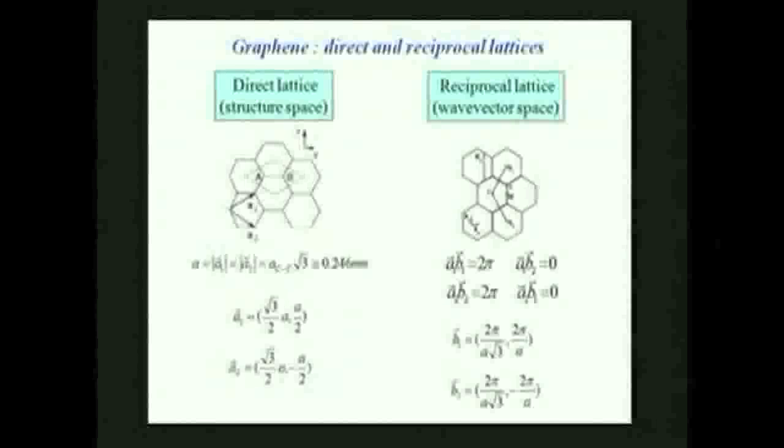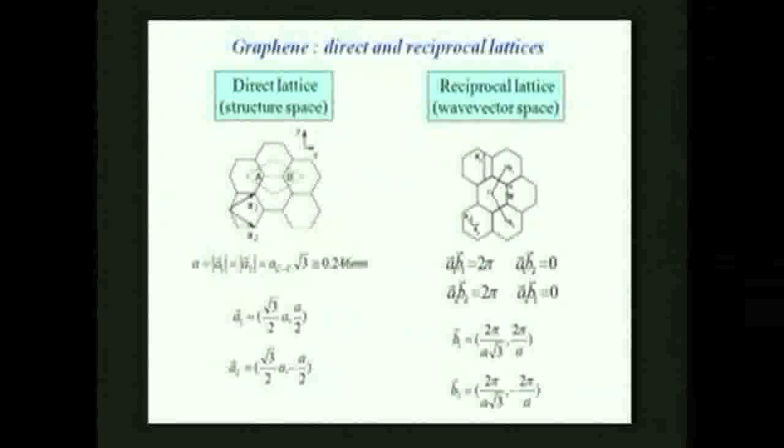And to describe how the energy of the electrons or the phonons changes with the wave vector, with the direction in which you observe them, you need to work in the space of wave vectors, and you call that a reciprocal lattice. So I hope most of you have seen that sometimes, either in crystallography or in solid-state physics. So we will recall briefly how we can calculate them. And now we will work in this space to understand the relation between the electronic properties of graphene and the electronic properties of nanotubes.